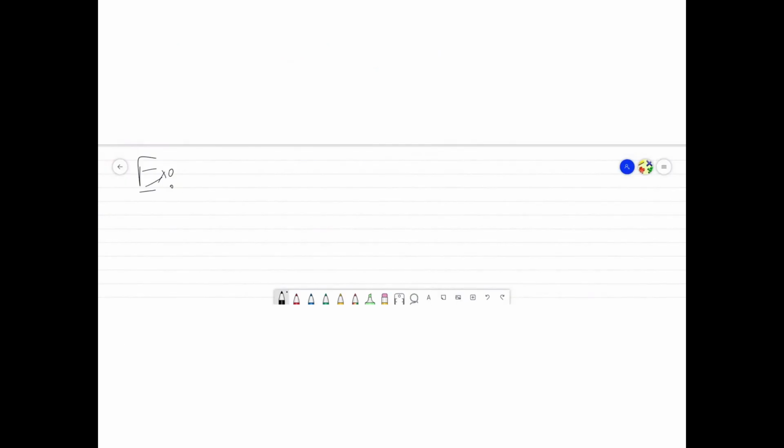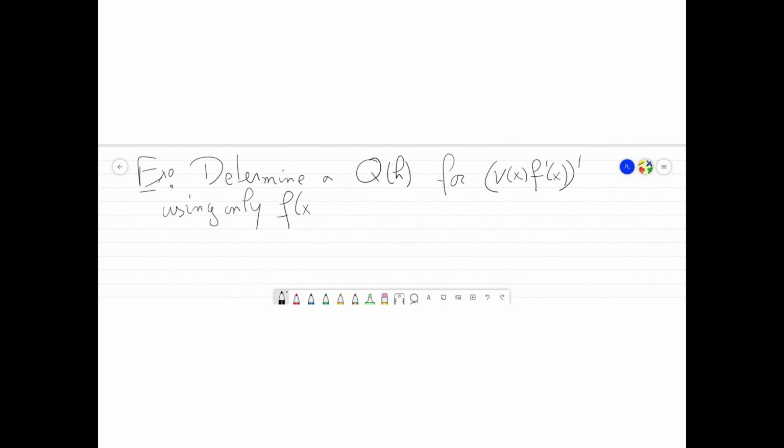Of course. So another example, which is special. Okay, determine a finite difference for V of x times f prime of x, and then taking another derivative, using only f at x minus h, f at x, and f at x plus h.